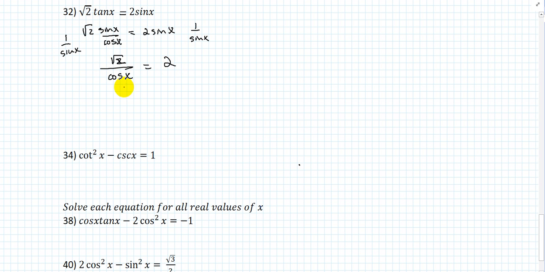And then if you multiply both sides by cosine x, you see how root 2 equals 2 cosine x. And then divide both sides by 2, and you can see that cosine x equals root 2 over 2.